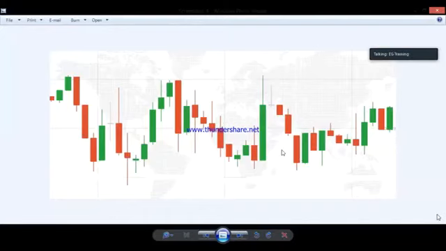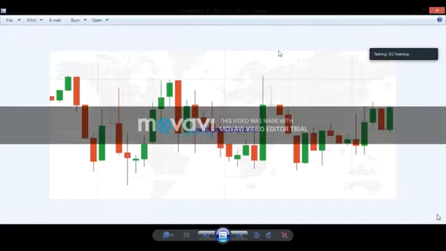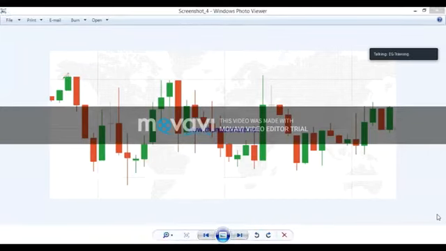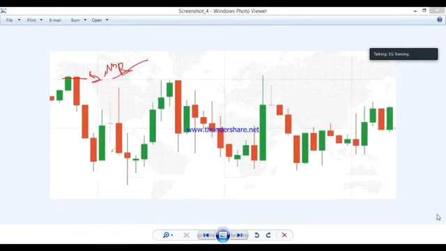Okay, here I will show you the SNR levels. A seller's area means a resistance level, and a buyer's area means a support level.